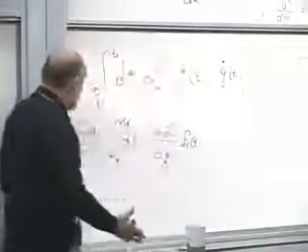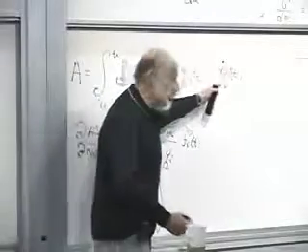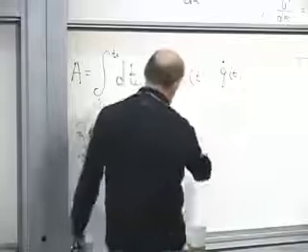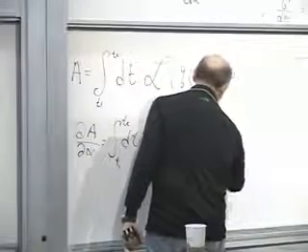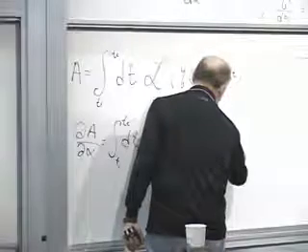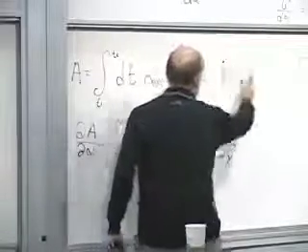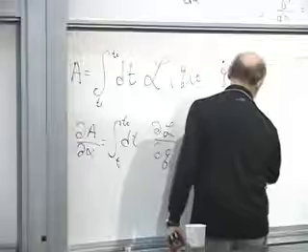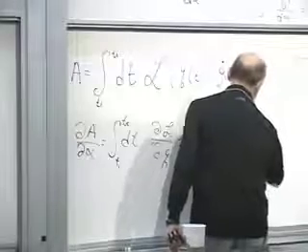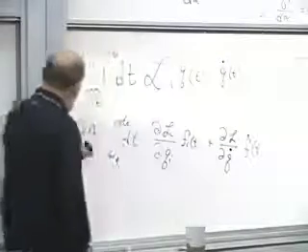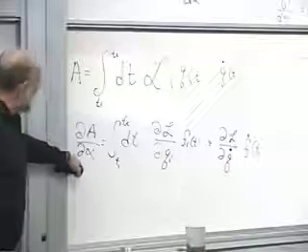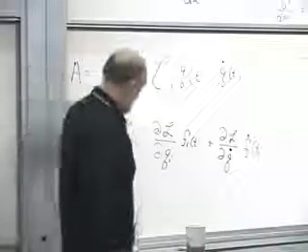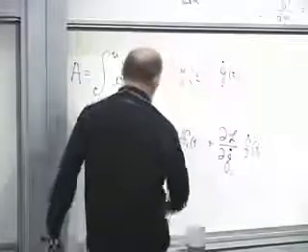But that's not all there is to it. L also depends on q dot. So we have to add to it the change in the Lagrangian when q dot changes times the change in q dot, which is f dot of t. This is the change in the action when you change alpha a little bit. You want to sum over i there? Yeah, you want to sum over i.